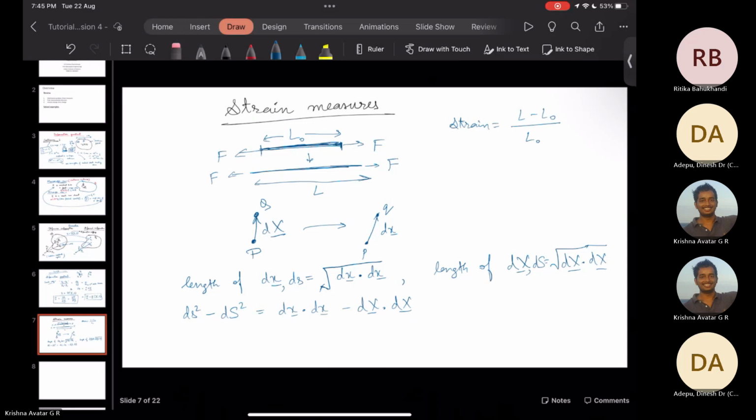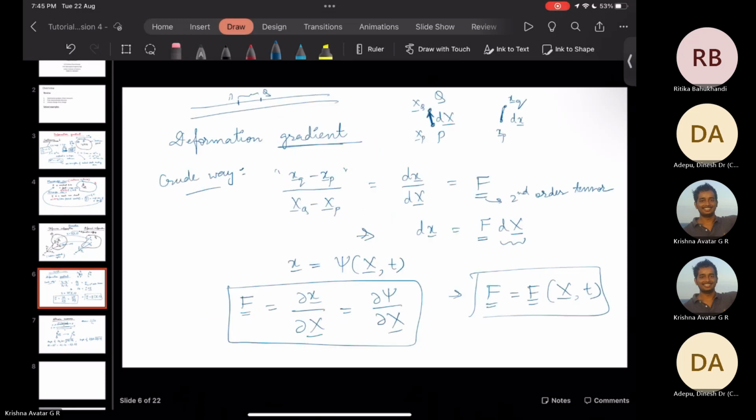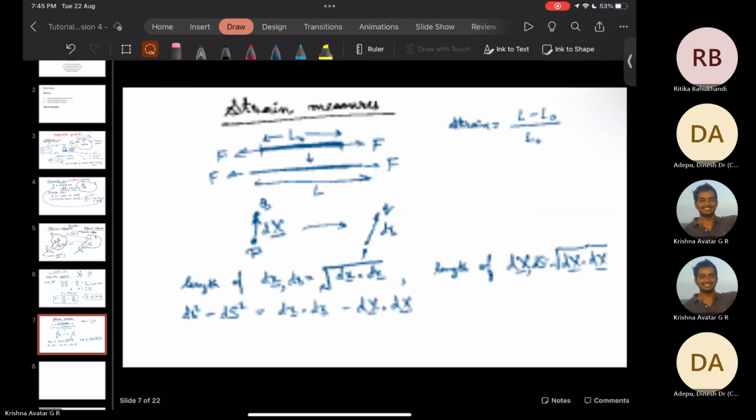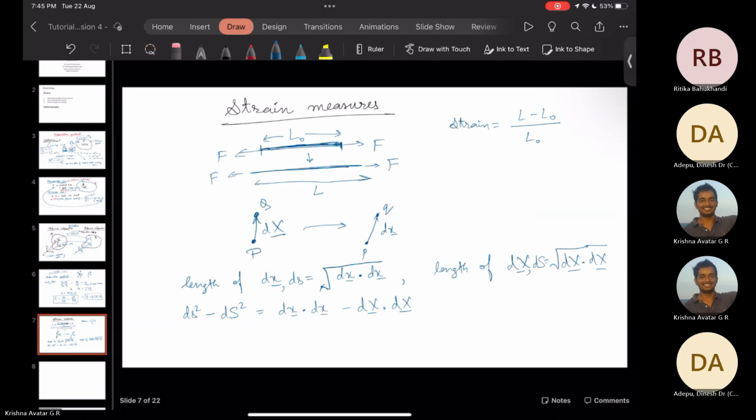Now, when we go back to the previous slide, we found that for any small segment given by d capital X vector, it can be mapped using this deformation gradient to another small element in the current configuration, which is dx small x vector, isn't it?